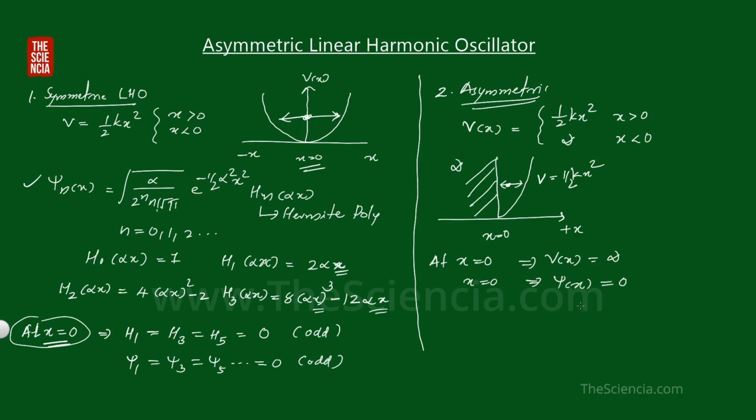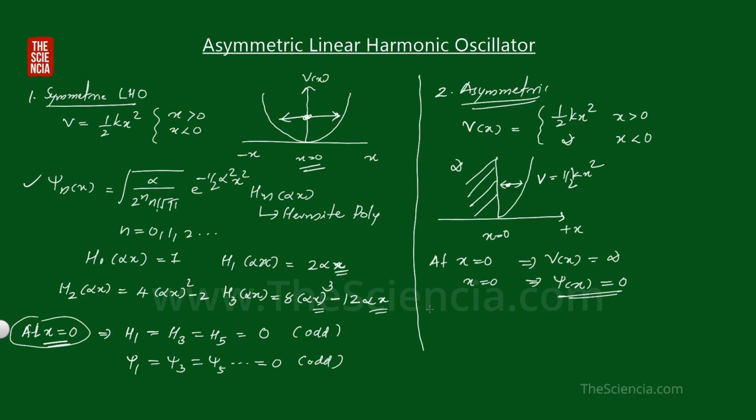That is the boundary condition. The negative x region is forbidden to the particle. There the potential is infinity, so there will not be any chance of finding the particle. So at x equal to 0 and less than 0, the wave function should be equal to 0. That is why we got this condition.